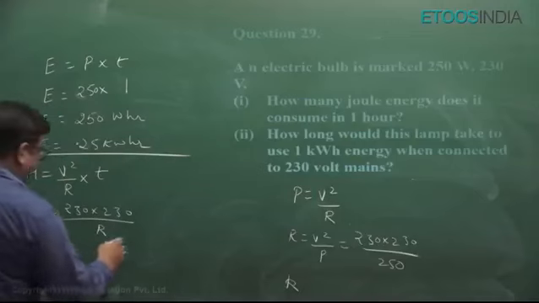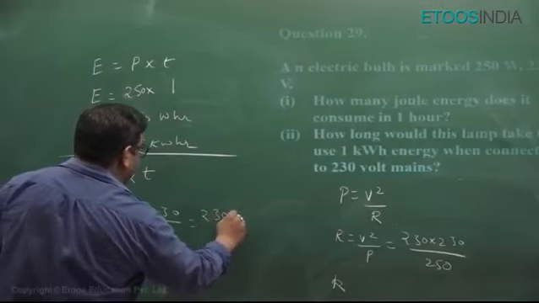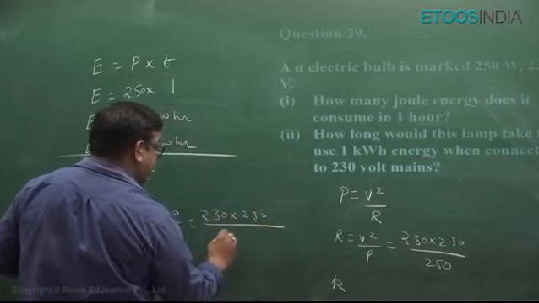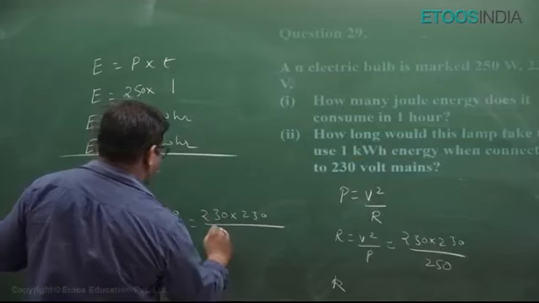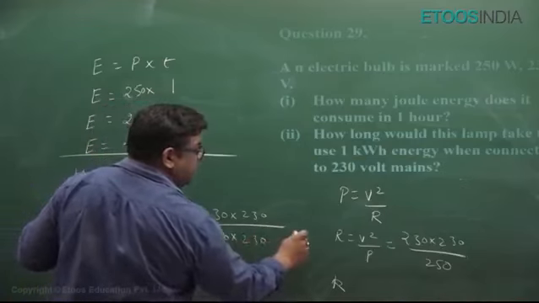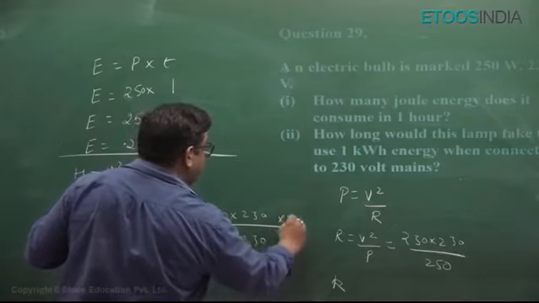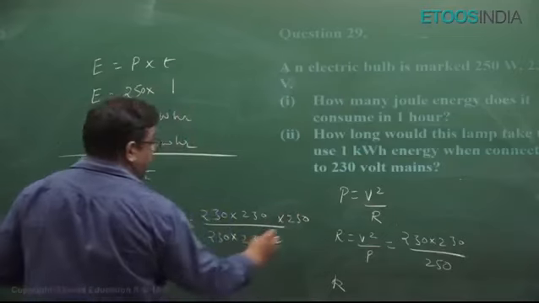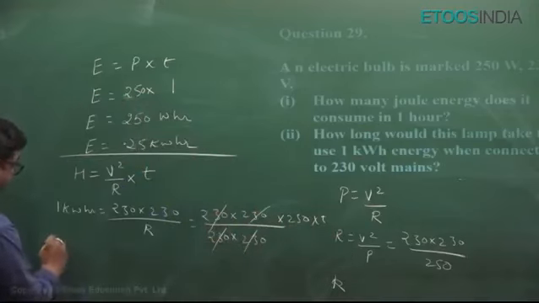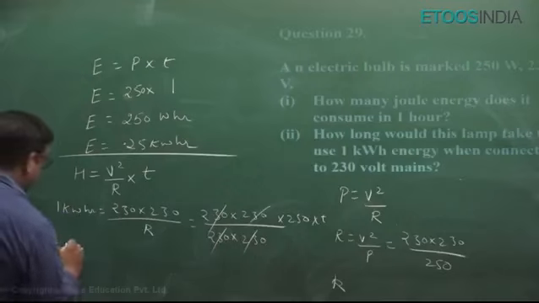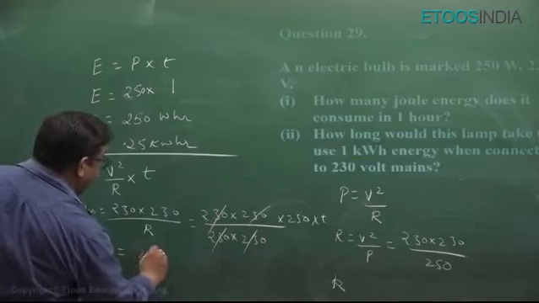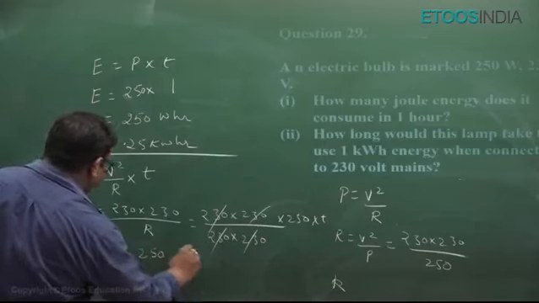So, instead of R, if I put 230 into 230 upon 230 into 230 multiplied by 250 into time. These all will get cut down and we know that 1 kilowatt hour is 3.6 into 10 to the power 6 joules, which is equal to 250 into time.